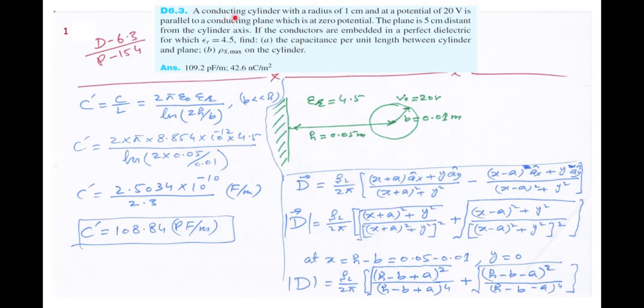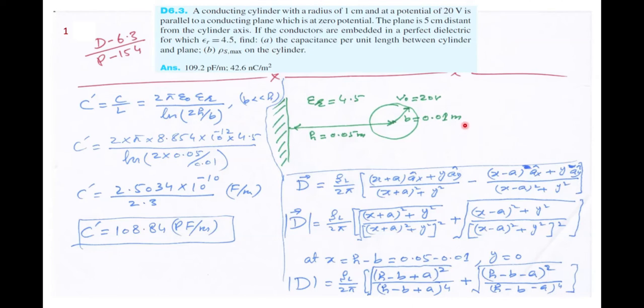We are given a conducting cylinder of radius 1 centimeter at a potential of 20 volt, which is parallel to the conducting plate, which is at zero potential. The plane is 5 centimeter distant from the cylinder axis.